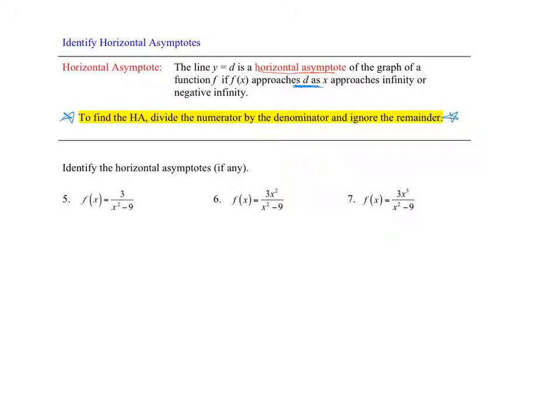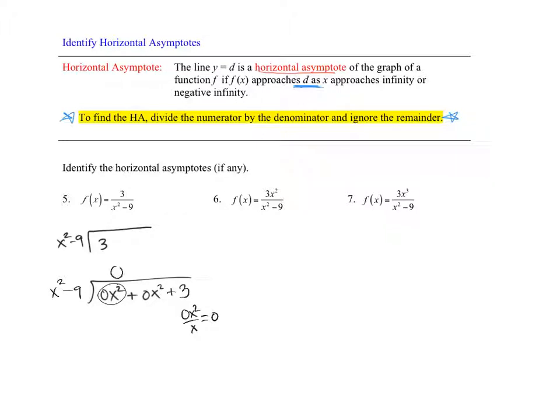So let's look at this first one. We have 3, and that's being divided by x squared minus 9. Okay, and I'm just going to rewrite this so that we've got x squared terms, x terms, and then we've got our 3. So when we try and divide, the first step would be how many times does x squared go into your x squared terms, which is 0.